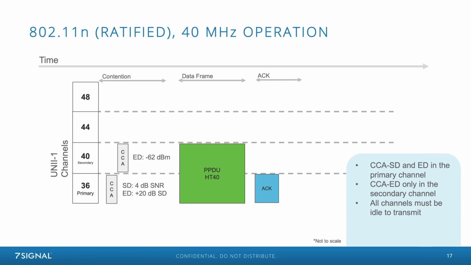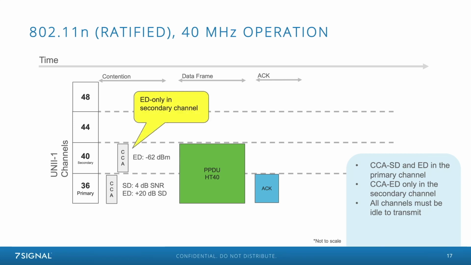The IEEE recognized that this was a problem and had enough concern about the issues around standardizing wide channel access that came about with 802.11n, that they didn't allow 802.11ac to operate in the 2.4 gigahertz band.